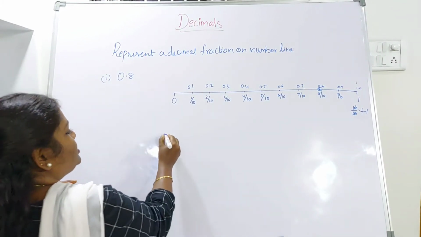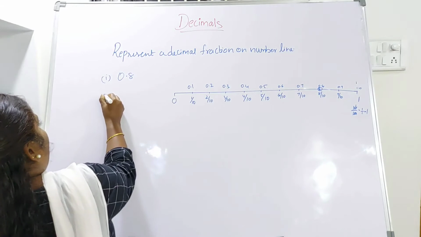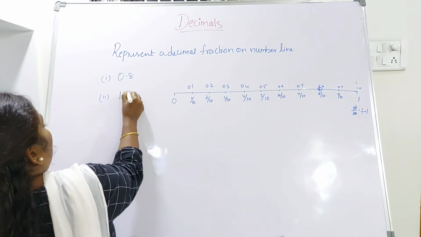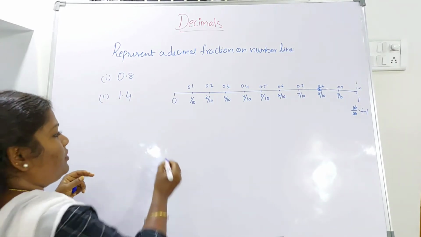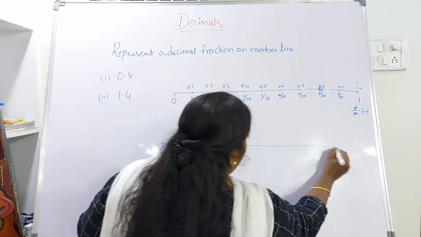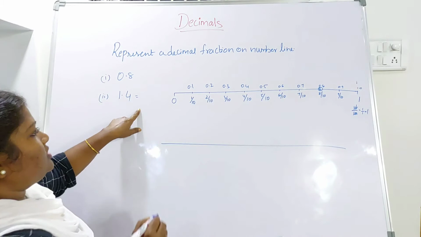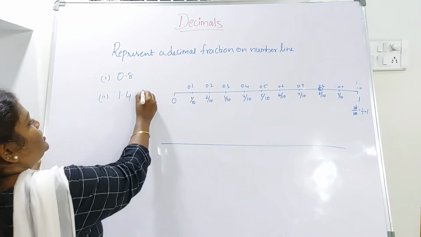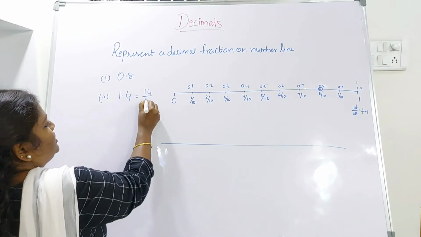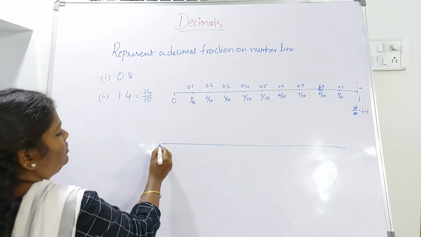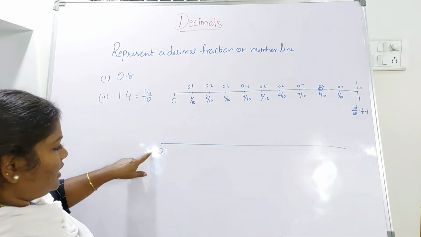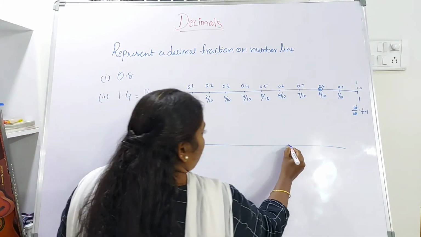If they ask you to represent 1.4, same process. Now first reduce it into a fraction, that is 14 by 10. So here was 0, this is the starting point and this is 1 here.